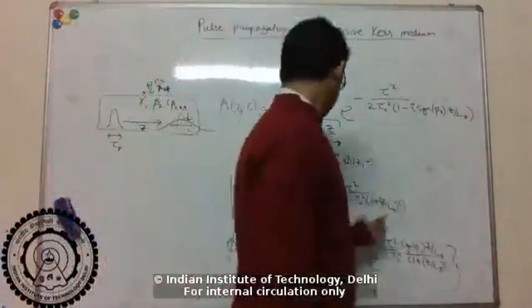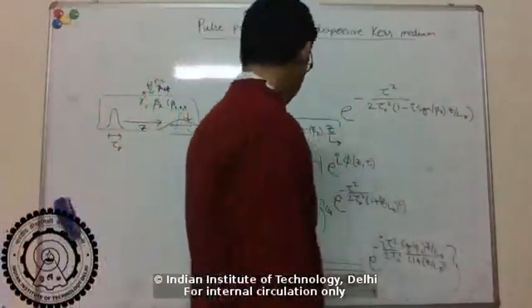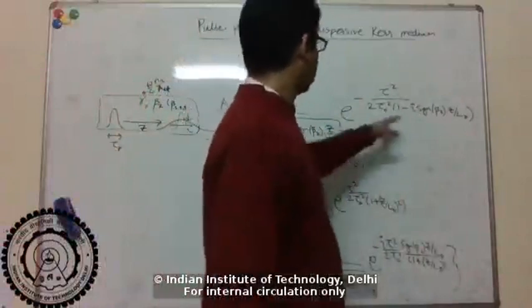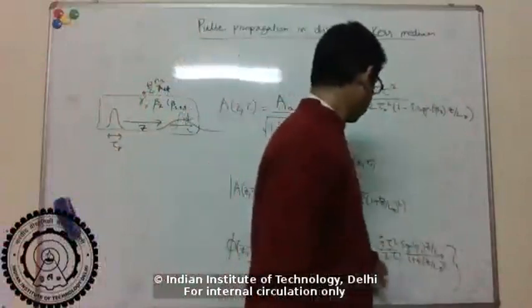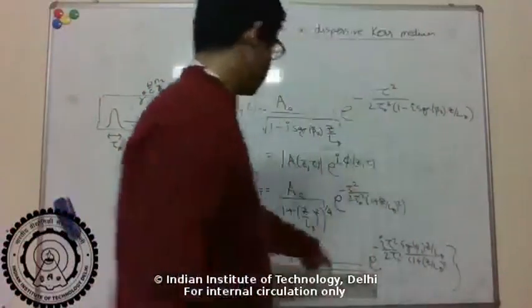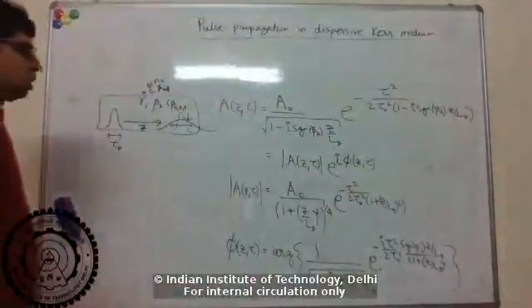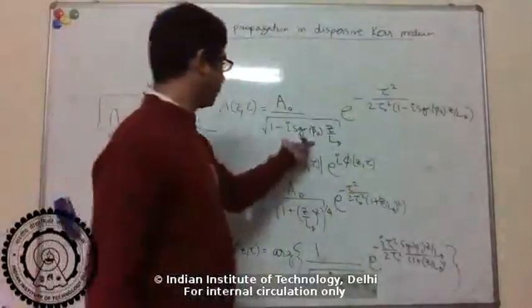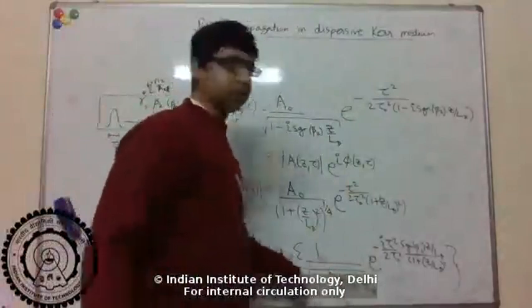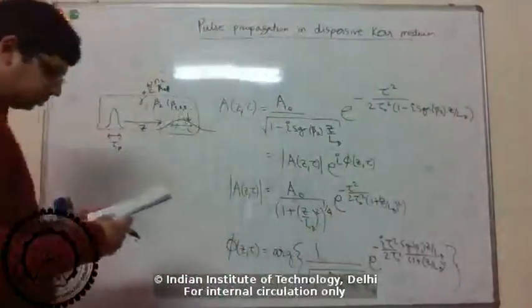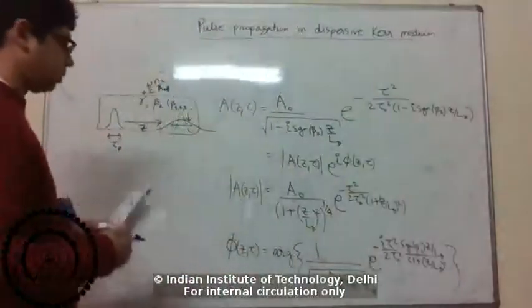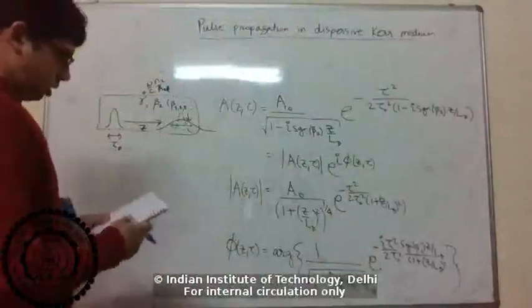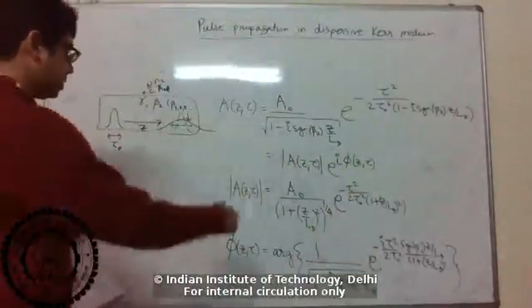Okay, so the real part of this thing we took out in the amplitude, and then the imaginary part of the exponent here will come in the phase. But there is also a contribution by this because this is a complex number. So how do we compute this?